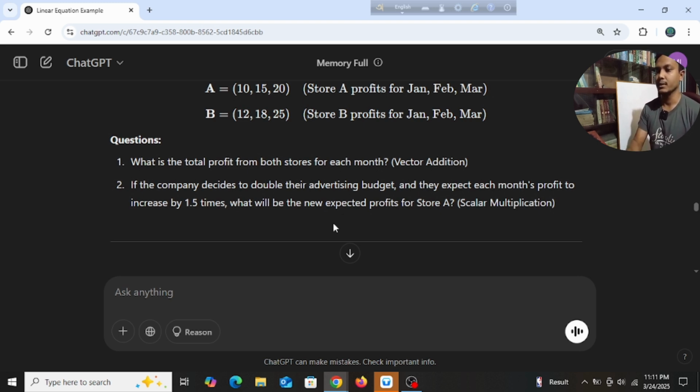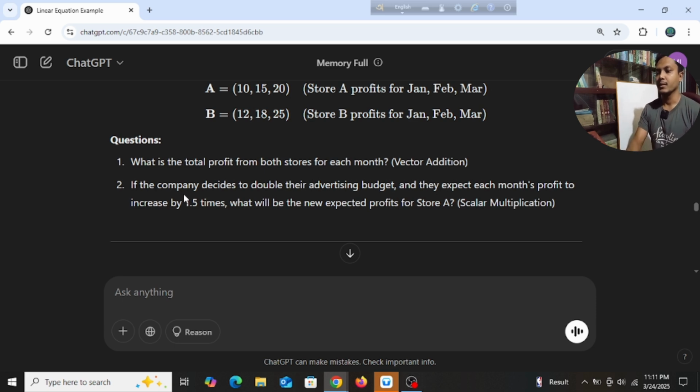So these will just be added: 10 and 12 is 22, 15 and 18, 20 and 25. If you add them separately, you will get the total profit, right? And if the company decides to double its advertising budget and they expect each month's profit to increase by 1.5 times, what will be the new expected profits for store A?